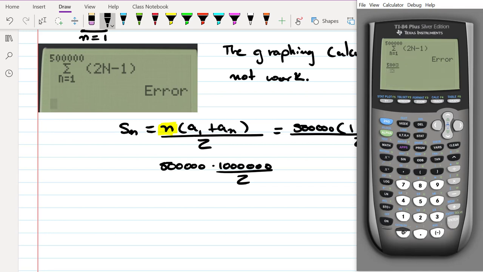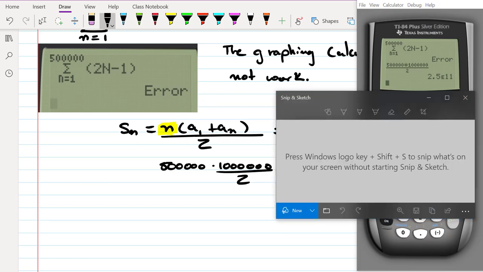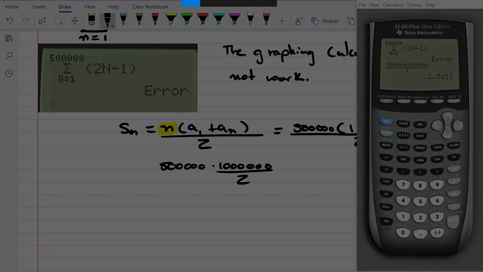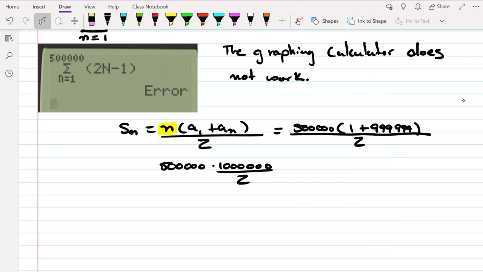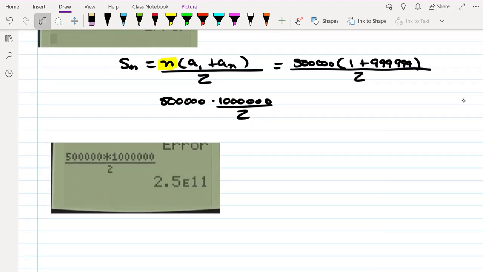So 500,000 times 1,000,000 all over 2. And we get 2.5 e to the 11. And in case we don't remember, what does that e to the 11 mean on our graphing calculator?